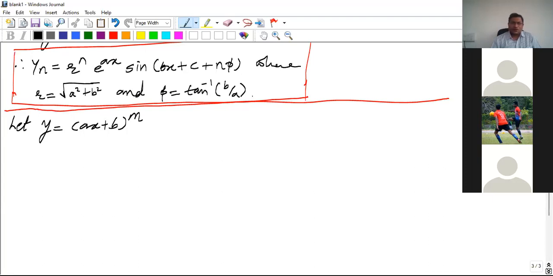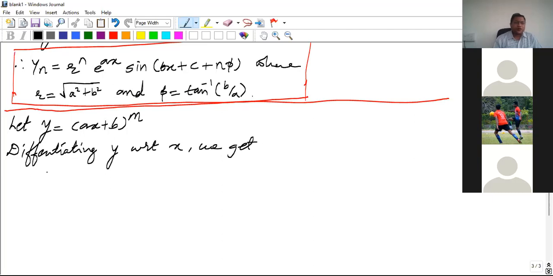So we want to find the nth order derivative of this function. Let us try. What do we do in the first step? Differentiate. Differentiating y with respect to x, we get y1. Now it is easy.